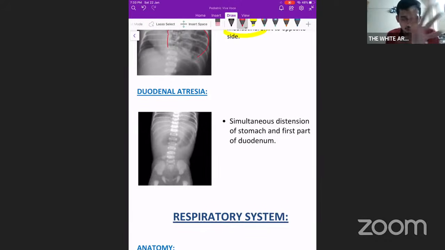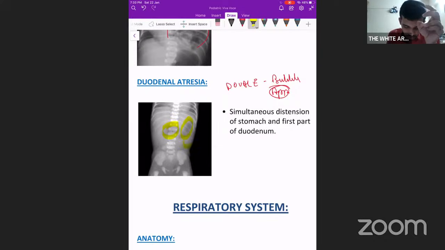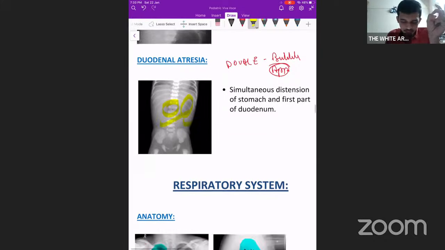And whatever be the cause of duodenal obstruction, what you get is the characteristic double bubble appearance. One is the gastric shadow of the stomach, the other one is the initial part of the duodenum. So, the double bubble appearance.